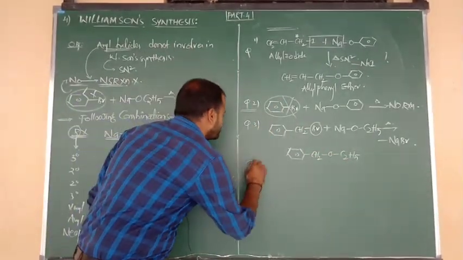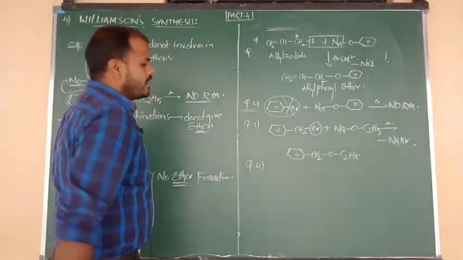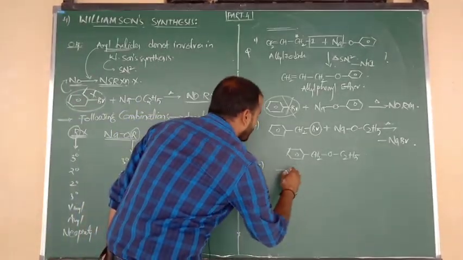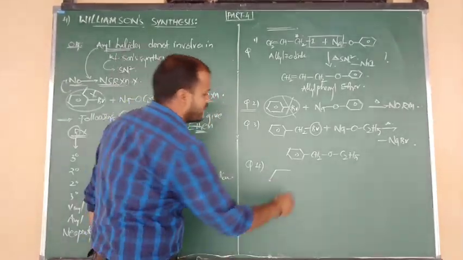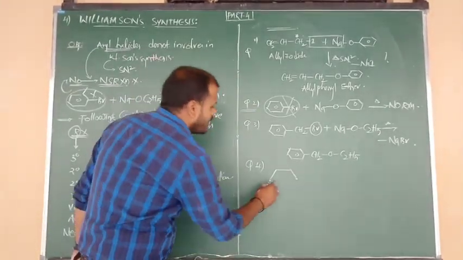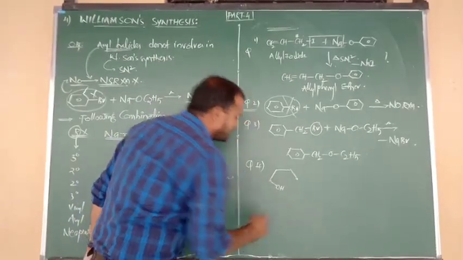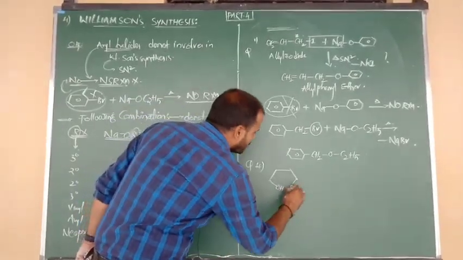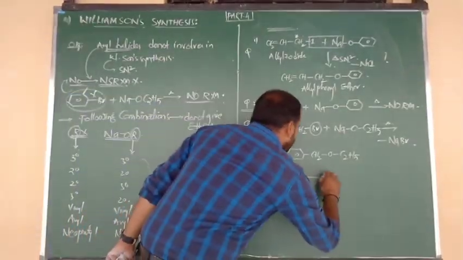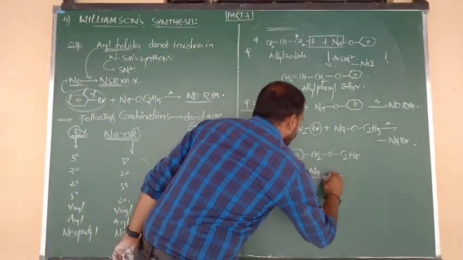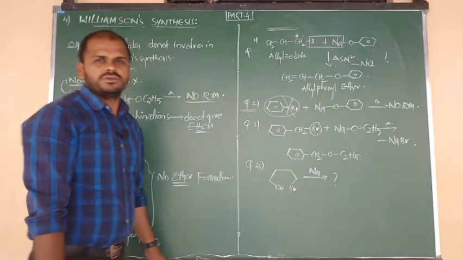And the last and final question I am going to ask you. First, suppose here I give you CH2 bonded to CH2, again connected to another CH2, and again another CH2, where one end is connected to OH and the other side is connected to Br. Now it upon reaction with sodium, they are going to ask the question.